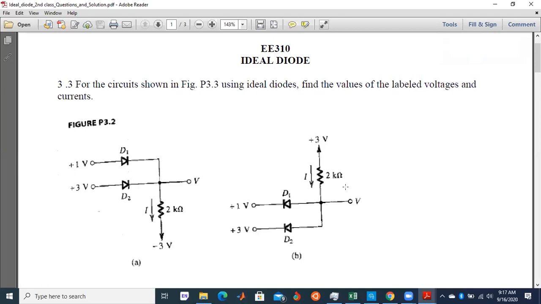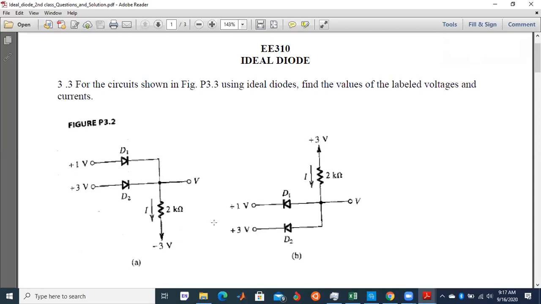Is it A or B? A is the OR gate, while B is an AND gate.